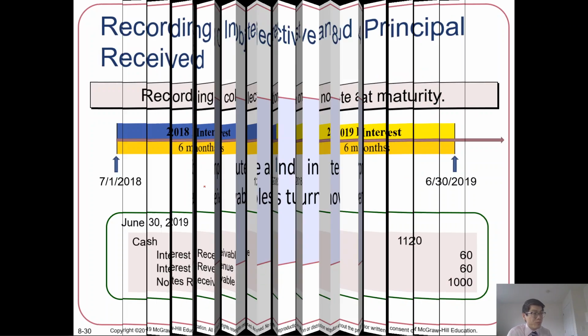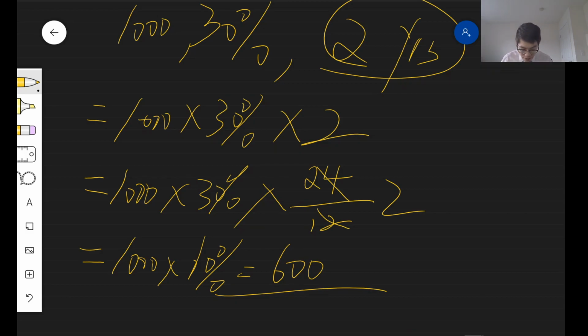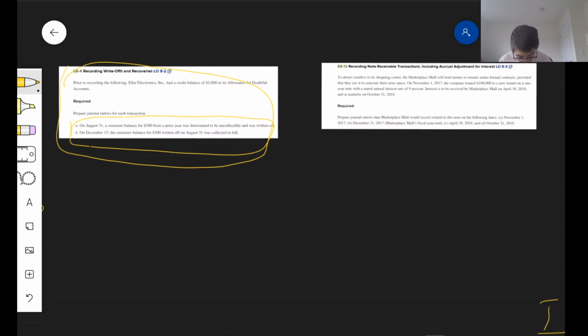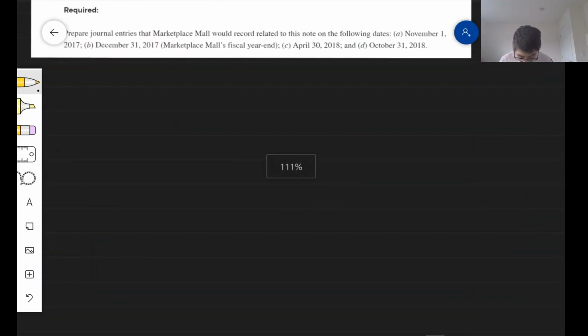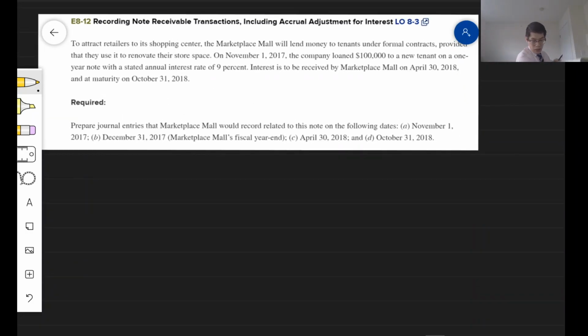Okay. All right. Now let's work on an example, a practice problem. This practice problem is on page 378 in your textbook.